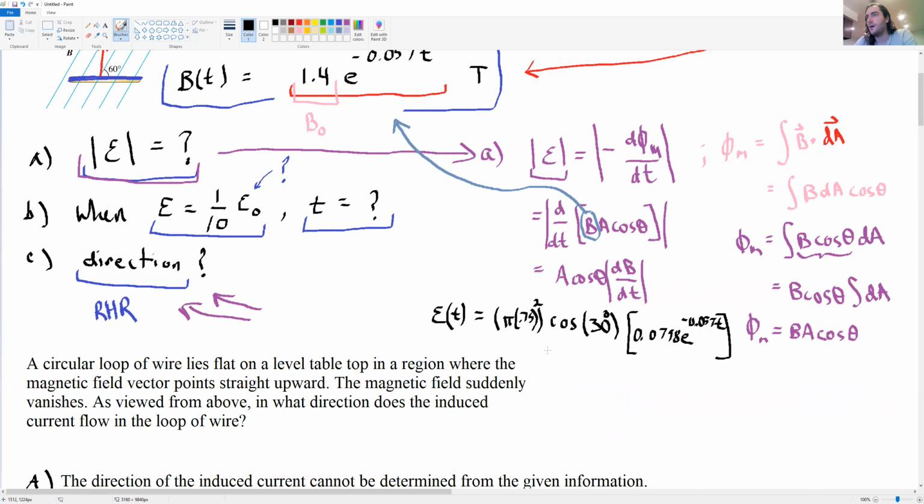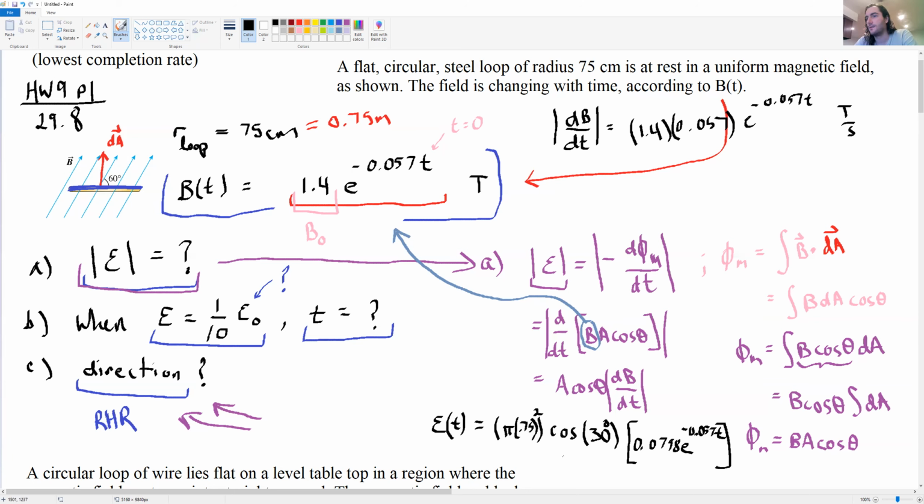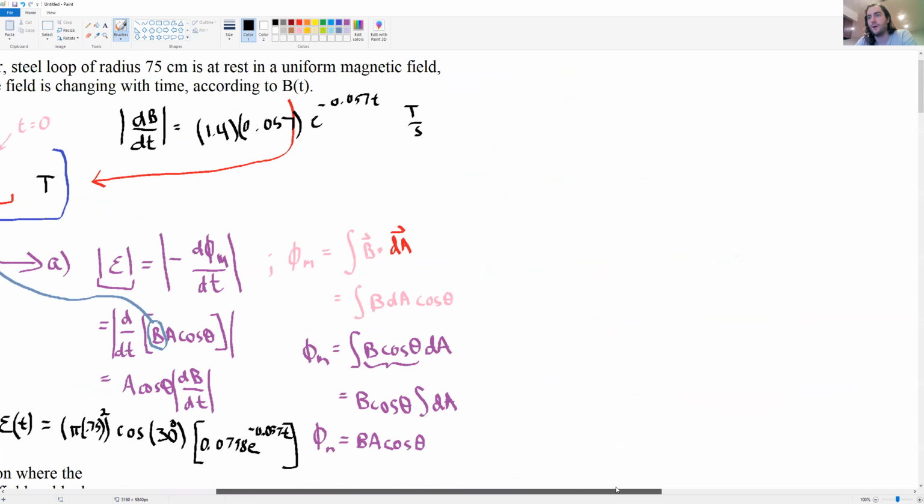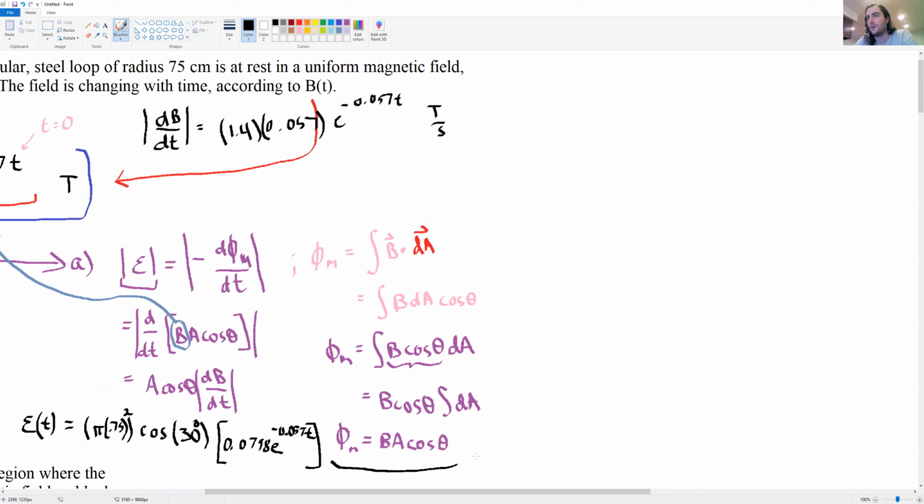When we crunch the numbers on this thing, what do we end up with? I probably need to get a calculator at this point. Go ahead, follow along with your calculator and calculate the coefficient there. We're going to need that coefficient because if we plug in t equals 0, the exponential is 1.